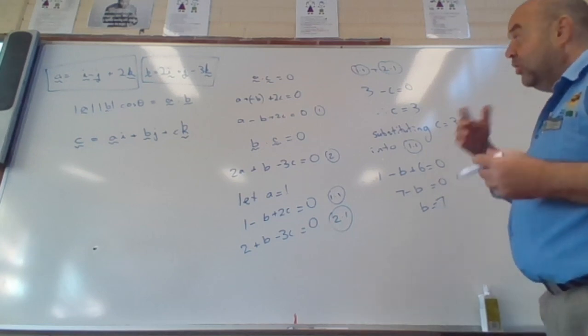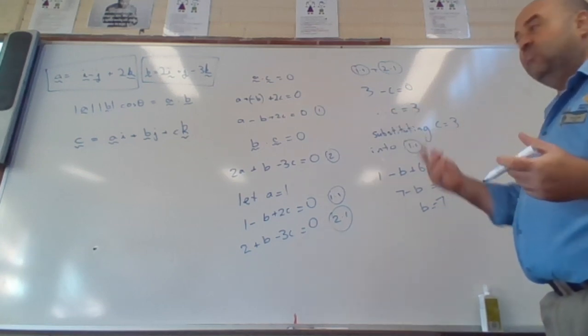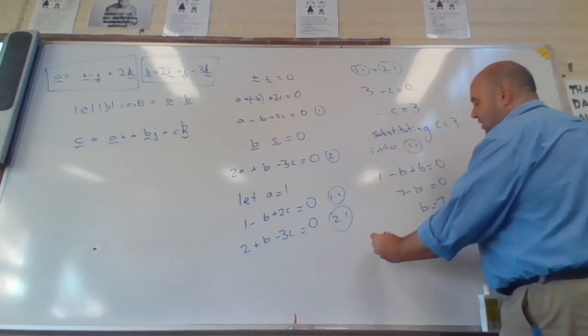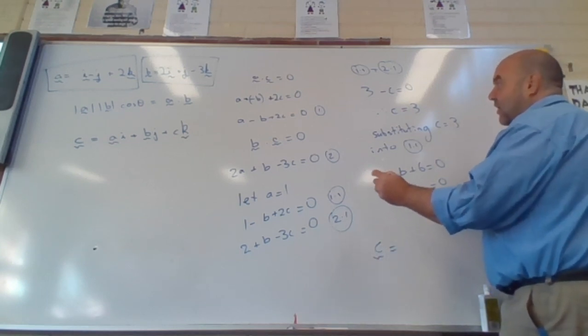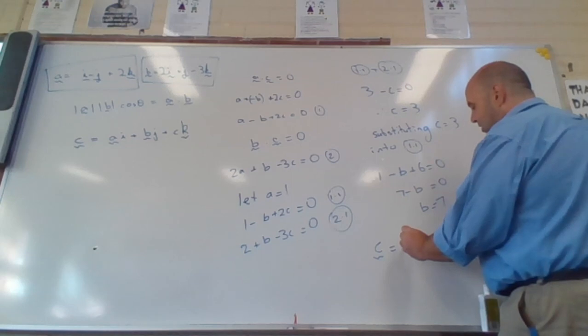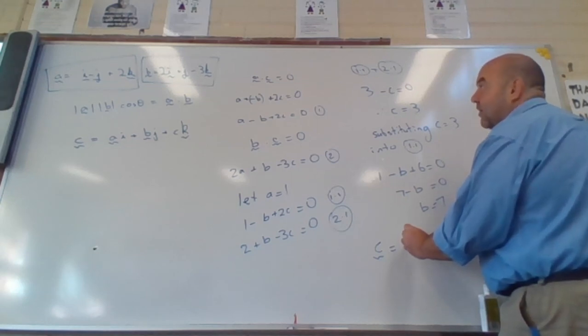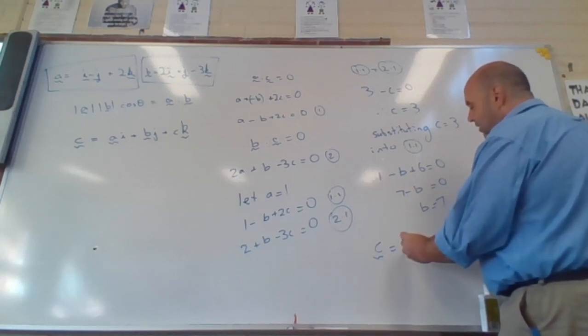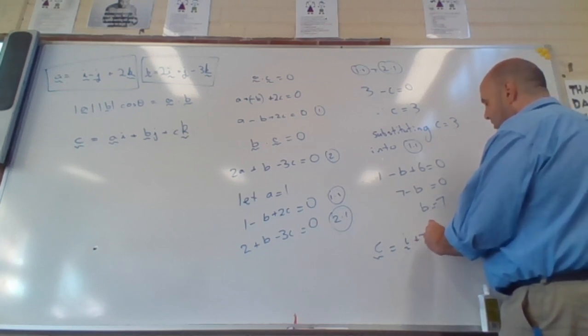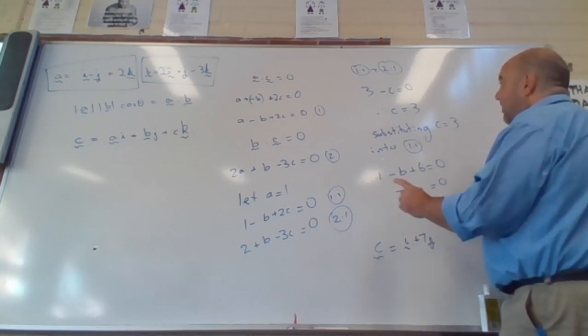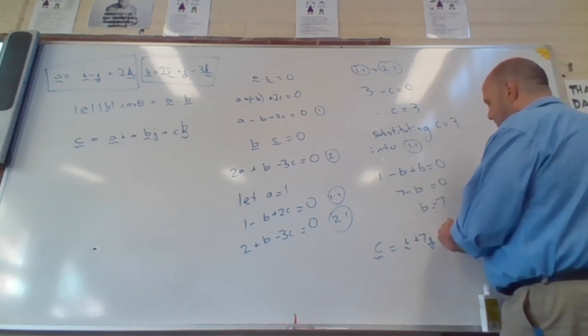So a perpendicular vector to A and B would be the vector C, which is, A was 1, so 1i. B was 7, 7j, and C was 3.